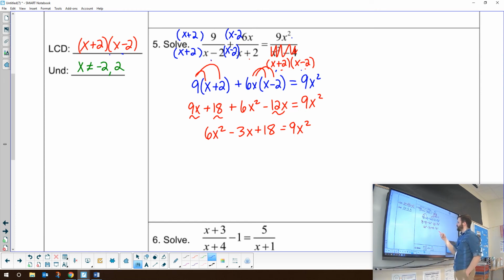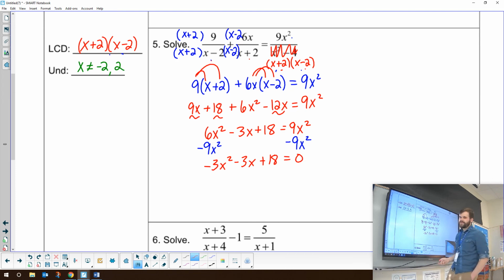Then I'm going to minus 9x squared to bring it over to that left side. Okay, so I'm going to minus 9x squared to this side, minus 9x squared to this side, and we're going to get negative 3x squared minus 3x plus 18 equals 0. And now all I need to do is factor that out.